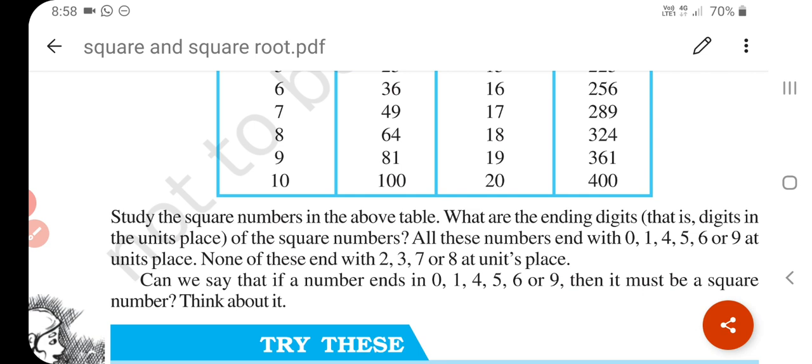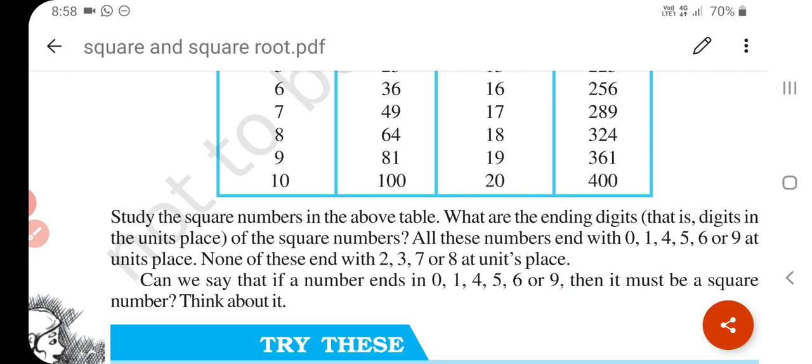So what do you learn? If in a question a number is given and you have to decide whether it is a square number, you can easily find out. If there is 22, 22 is not a square of any number.